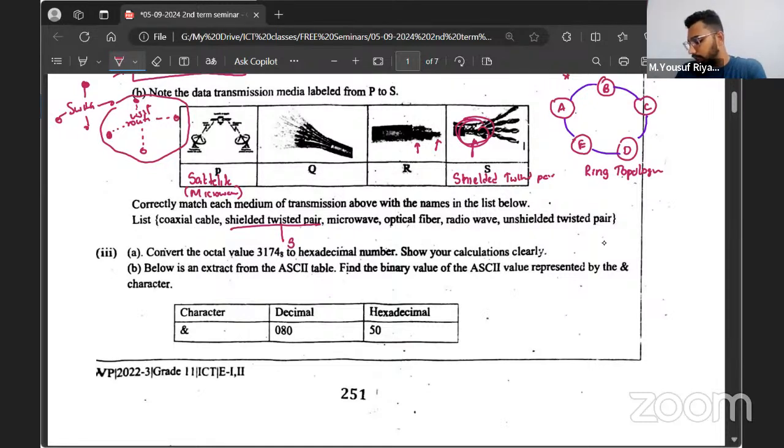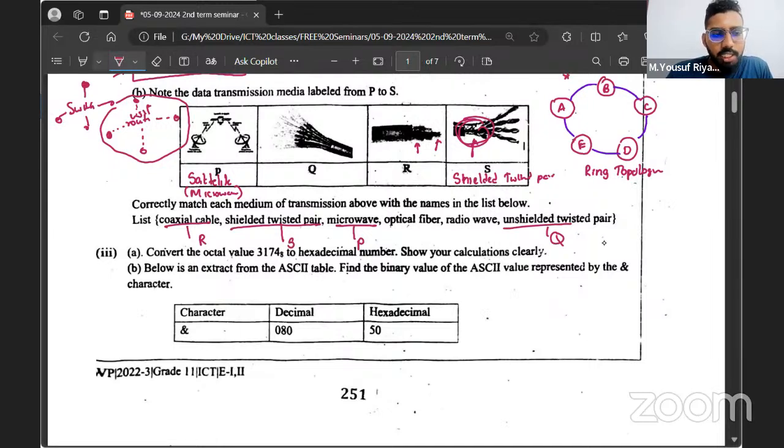Let's see the picture clearly. Based on the picture given, R looks like the coaxial cable, and P looks like the microwave. In terms of Q, it looks like the unshielded twisted pair.